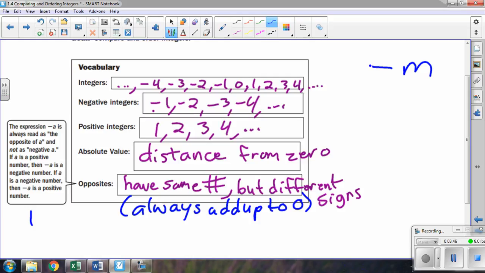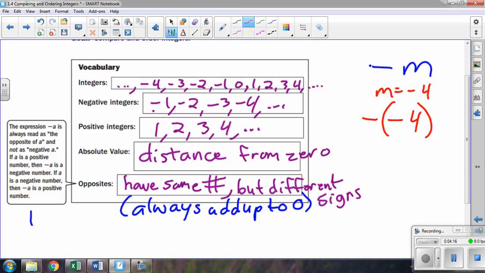We don't know if this m is a positive number or a negative number. Imagine for a second that m were -4. This would be saying then, just plugging the -4 in for the m, making that substitution. We don't want to say -(-4). That sounds really awkward and weird.